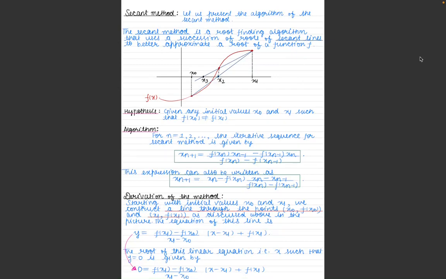You join the line passing through the points (x naught, f of x naught) and (x1, f of x1), and you continue this line to intersect the x-axis at a unique point, and that unique point we take to be our second approximation. Now you do the same thing for x1 and x2, you get x3, and you keep on doing this. So we formally derive the equation of this method.